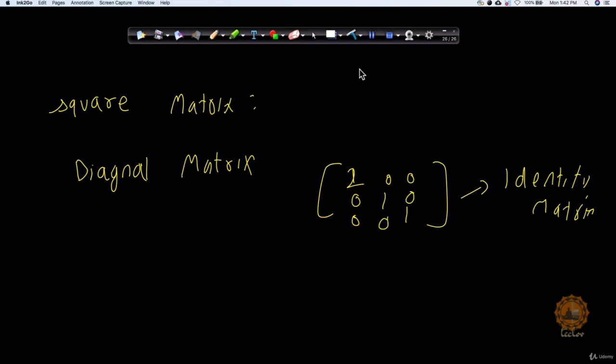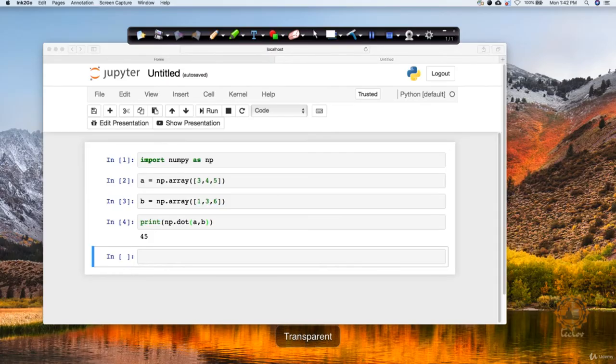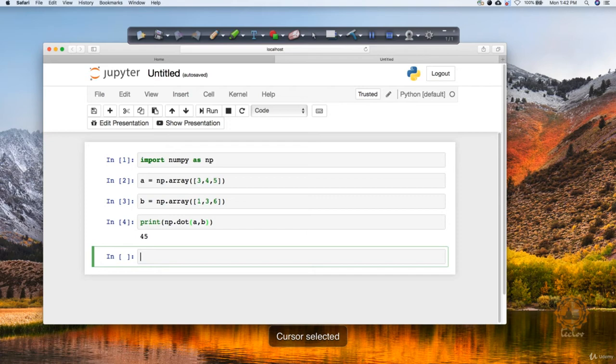Now what I want to do is go back to the Python notebook. In this section we're going to play with the Python notebook a lot. So let's go back and create some sort of matrix here. Let's say x is equal to np.array, and instead of a vector I can directly create a matrix. Now I'm going to keep some values.